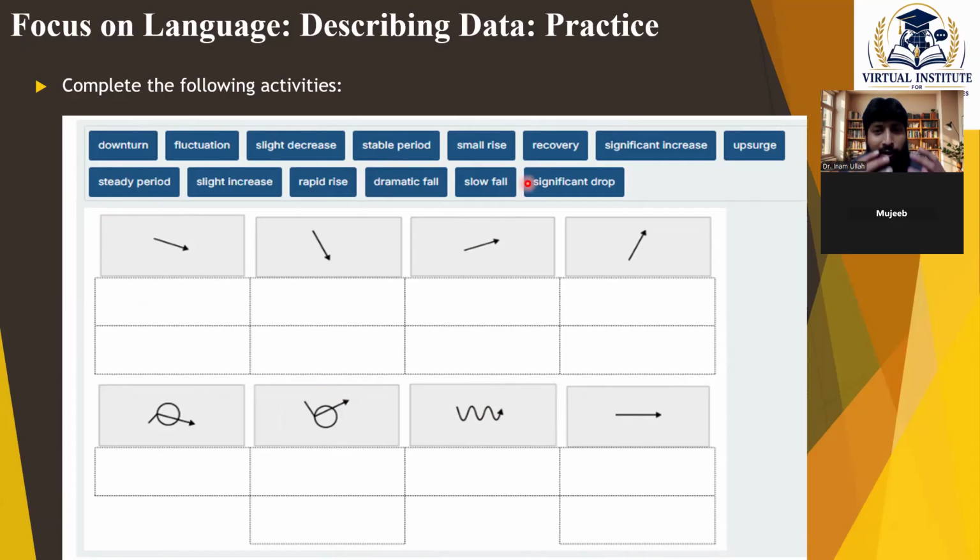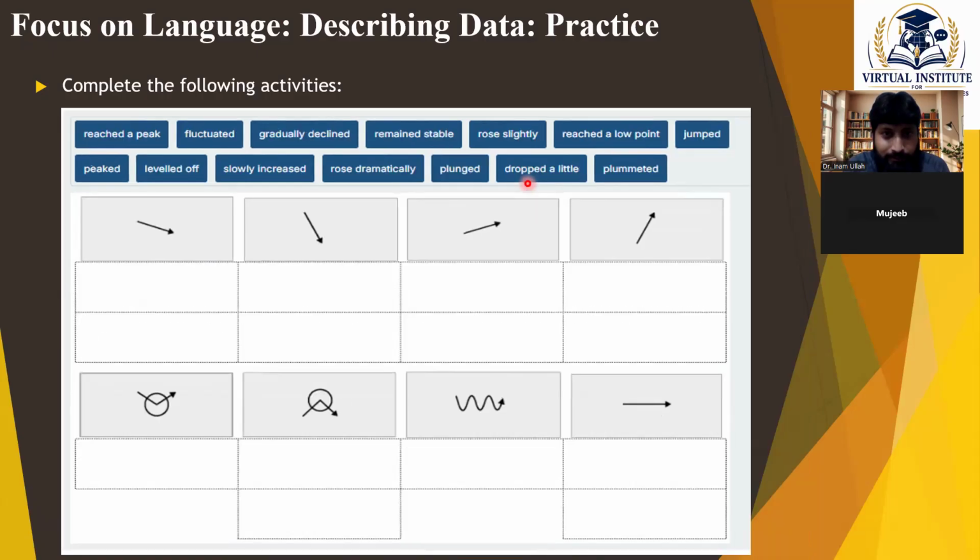Yes, sir. So these are the words which will help you in navigating your way, writing your answer in Task One. And these will make your writing much, much better. You have got a lot of words here, right? Yes. Now again, the same kind of practice.